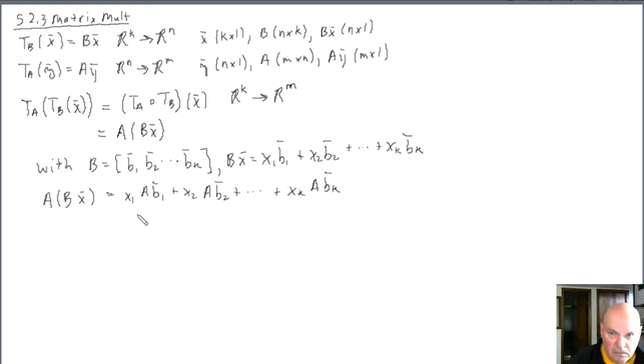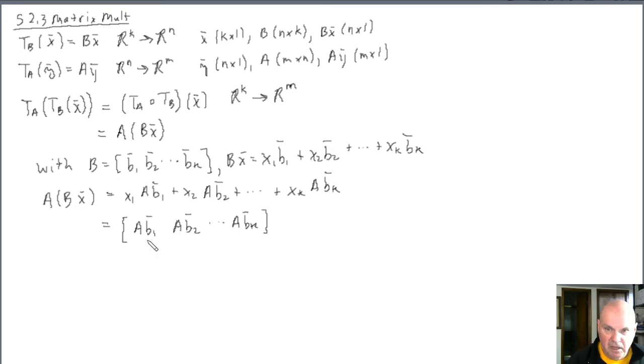Notice each of these is a vector, so we could rewrite this as the matrix with columns A b1, A b2, dot dot dot, A bk, times our original x vector. Each of these is a matrix times a vector, so we form this matrix by its column vectors.